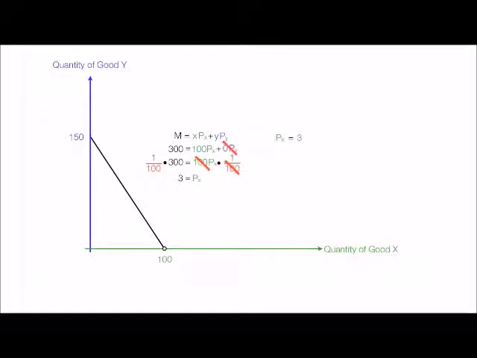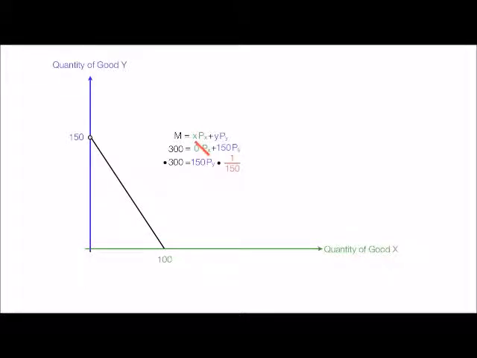Now, if the consumer only buys Y and no X, I'll move up the budget line to that point right there. So I have 0 X times the price of X, and that's going to be 0, plus the quantity of Y, which is 150, times the price of Y. So I have 300 is equal to 150 times the price of Y. I'm going to solve for the price of Y, so I multiply both sides of the equation by 1 over 150.